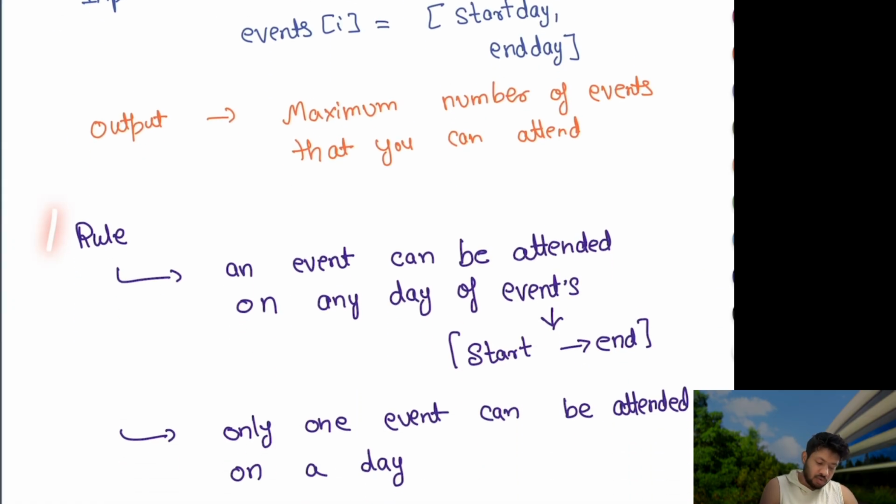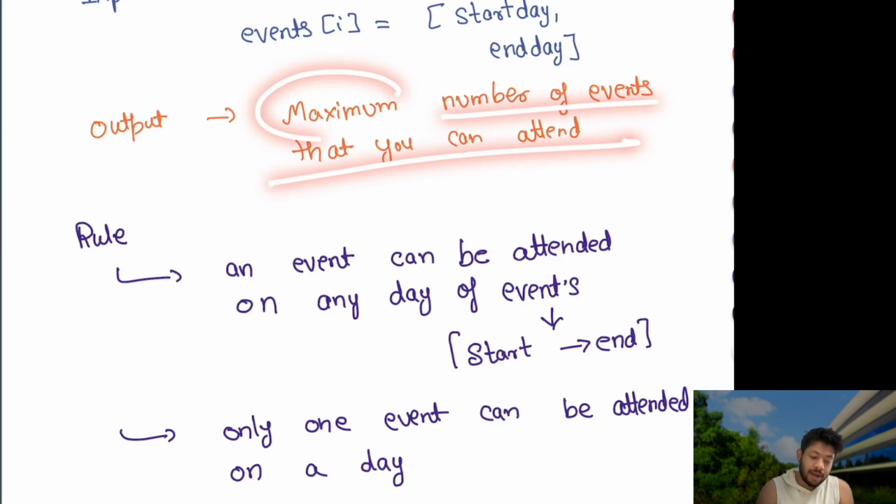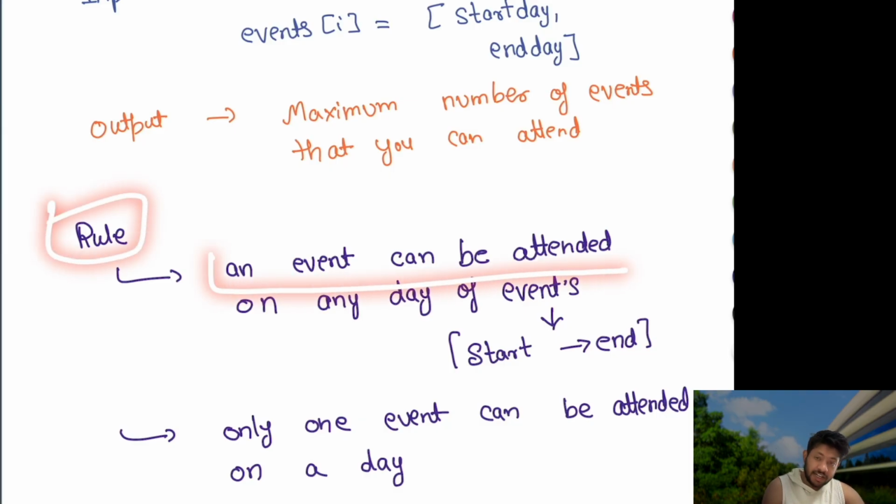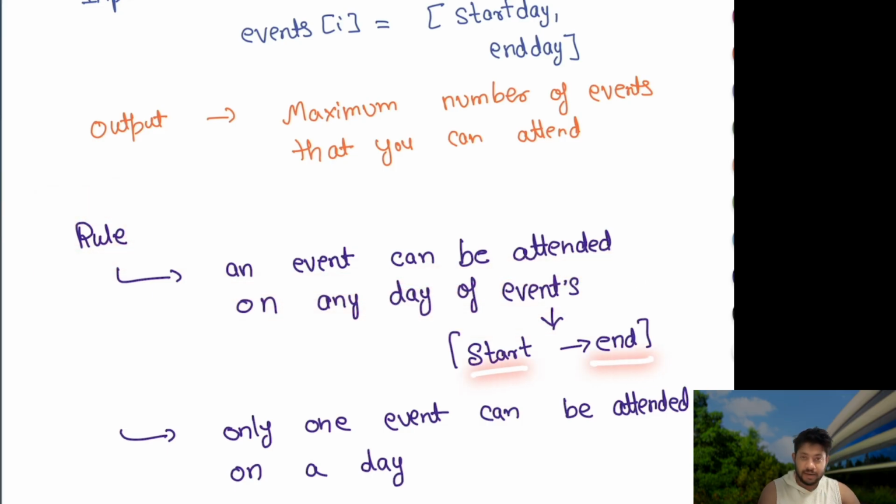Now, there is a rule based on which you need to find the output. We know that we need to find the maximum number of events we can attend, so we should know what counts as attending an event. The rule is that an event can be attended on any day of the event's start to end day.